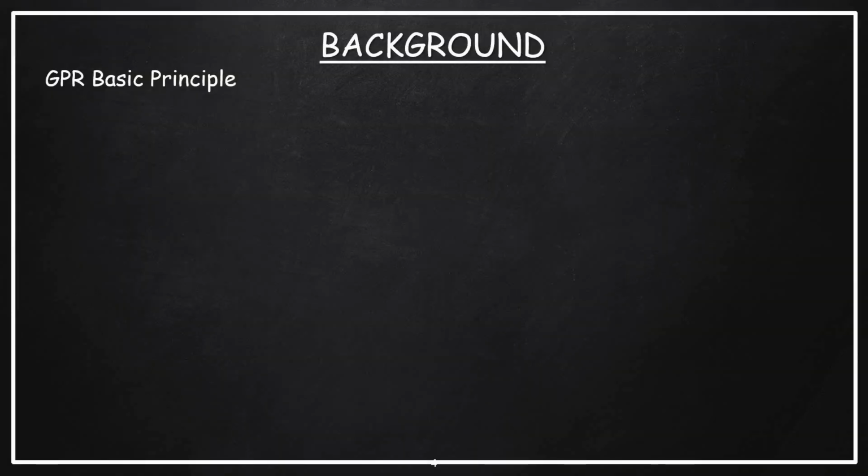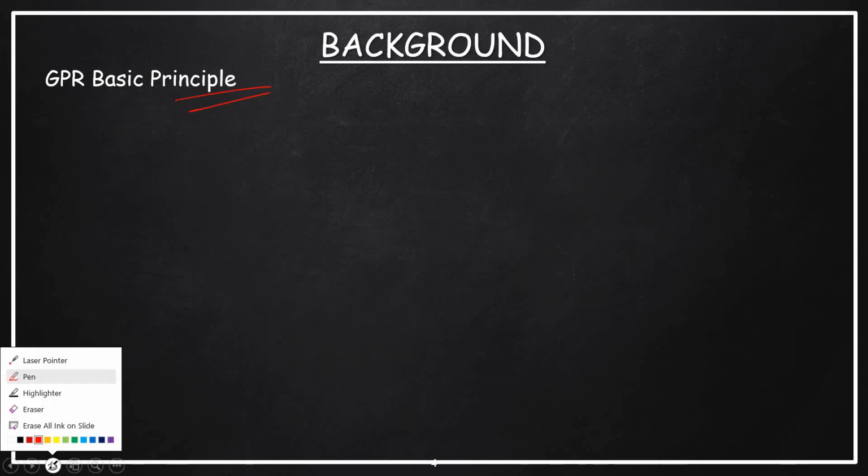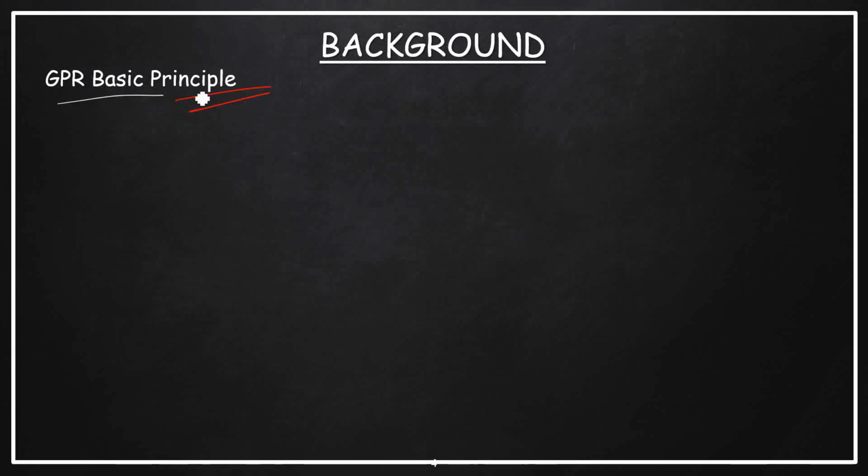Another thing I would like to clarify so that you can understand this filtering method more efficiently involves the basic principle of the GPR method. What the GPR basic principle tells us is that in a GPR system there is a transmitter and there is a receiver. The transmitter transmits impulses.